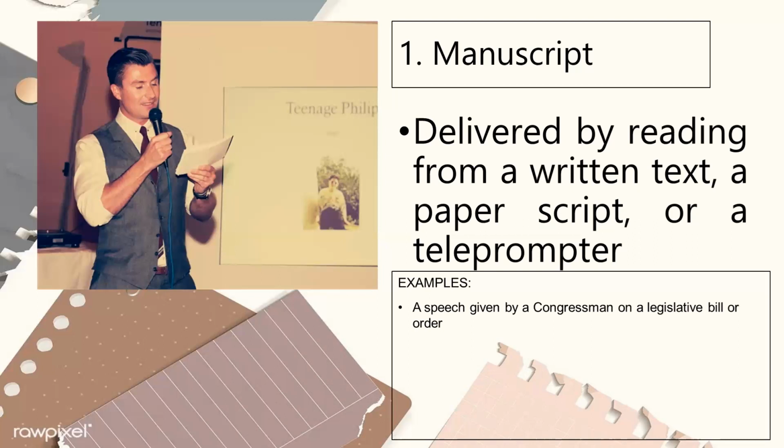But aside from that, di ba, when we have a certain occasion in our schools, like for example graduation, and one of the invited guests will be the mayor, congressman, or the governor, they will just look for their assistant, and the assistant will be the one who will deliver the speech, and they just have to read what has been written on the paper that was given by the congressman. They just represent the congressman or any person that is not there during the occasion.